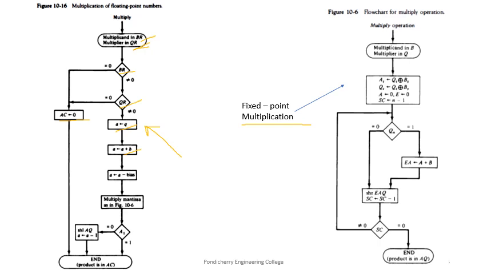And the next step we can see there is a subtraction of bias. If you recall the representations we are using for floating point arithmetic, the mantissa part is a fraction part and it is represented in sign magnitude form, and the exponent part is represented using biased exponent form.